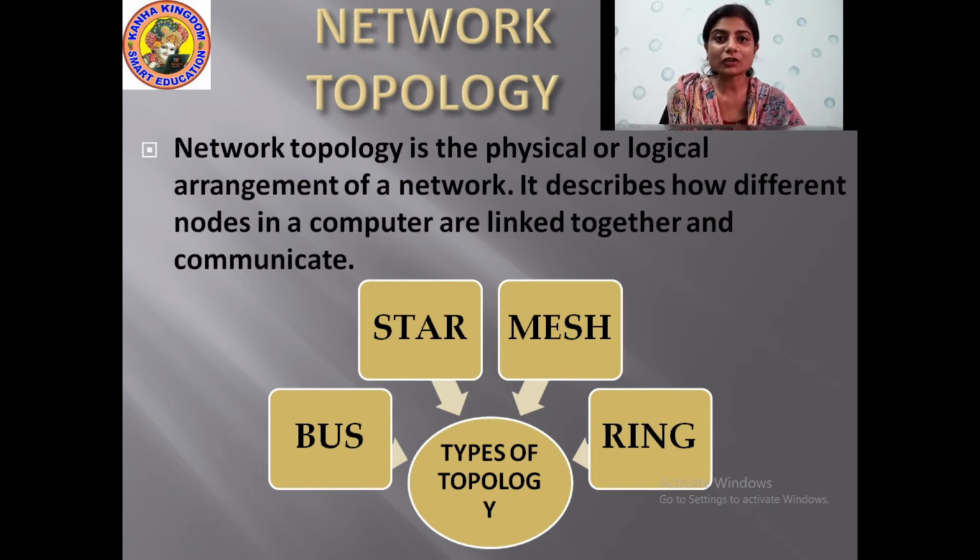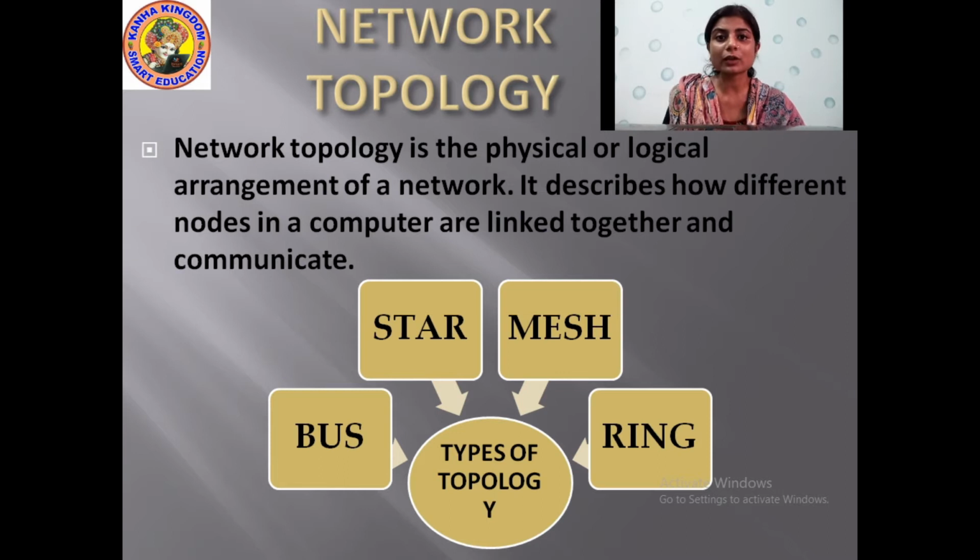Physical means the parts of the network through which the network is provided to the computers. Okay, those are the physical part, and logically how the computer will get its network, and how those physical and logical arrangements are done in the network, that is network topology. Understood?